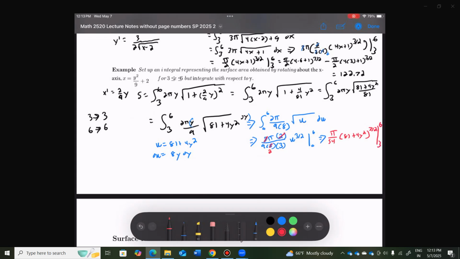Alright, so when I do the evaluation of pi over 54, 81 plus 4 times 6 squared, all that to 3/2, minus pi over 54, 81 plus 4 times 3 squared, all to 3/2. And this will also come out to be 122.76.